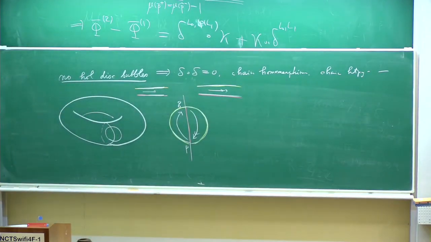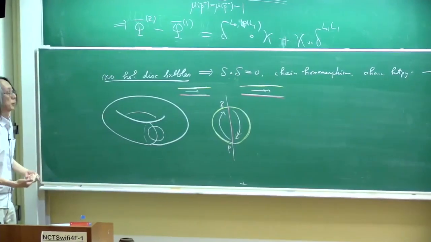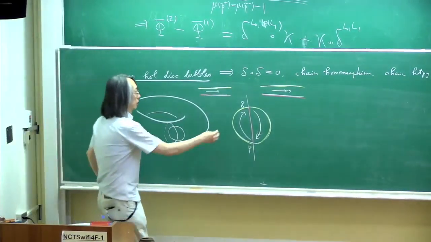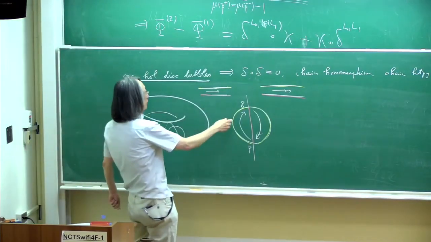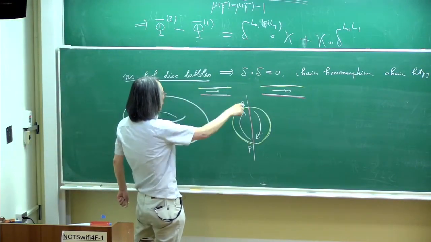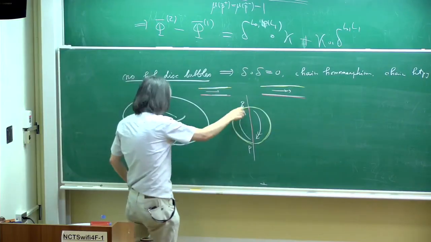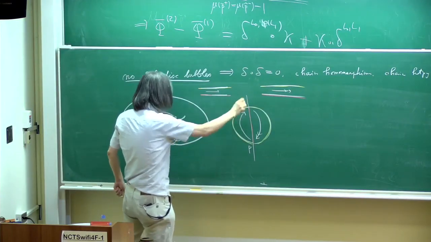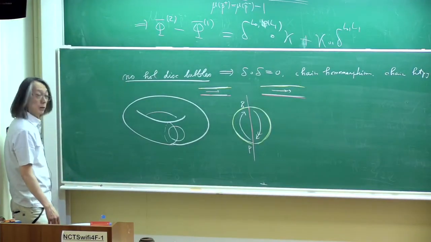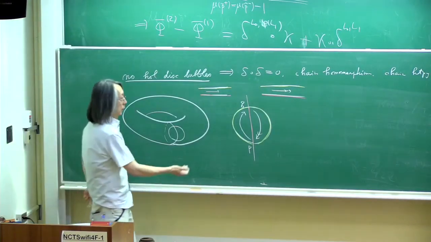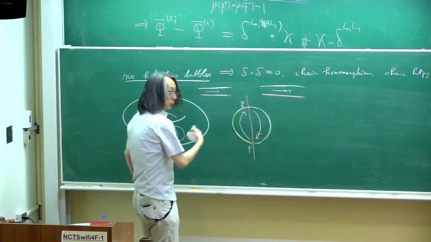And nothing else, right? Because of the maximum principle, the mapping cannot go out. And also, I consider the index difference 1. I mean, I consider isolated holomorphic strips. Then this one is unique up to automorphisms.